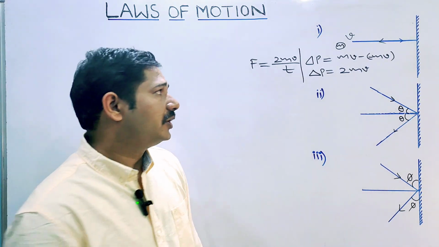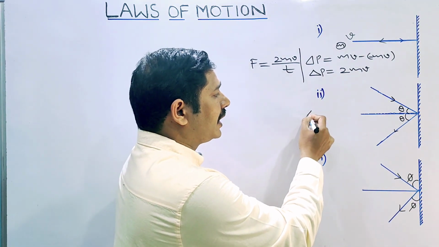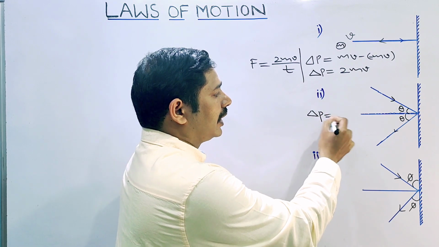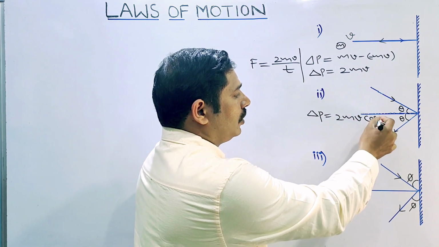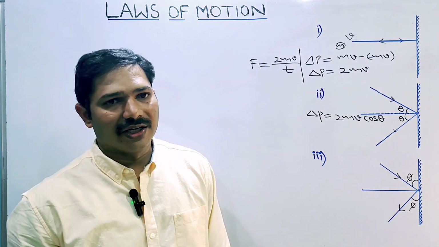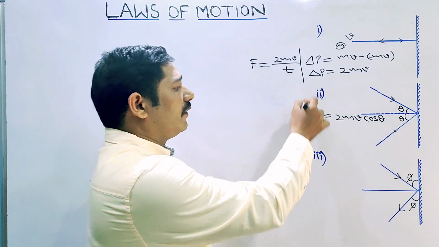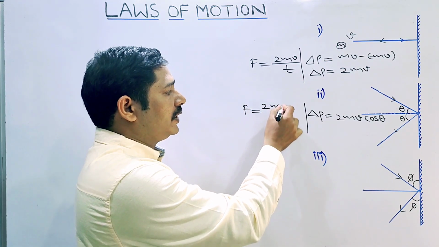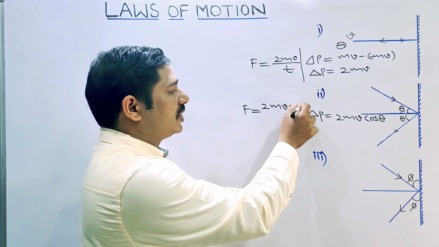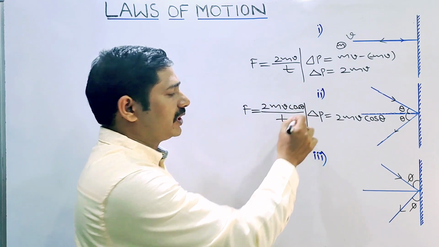So the change in momentum, delta p, equal to 2mv cos theta. Like that, the force, the rate of change of momentum, is 2mv cos theta by t.